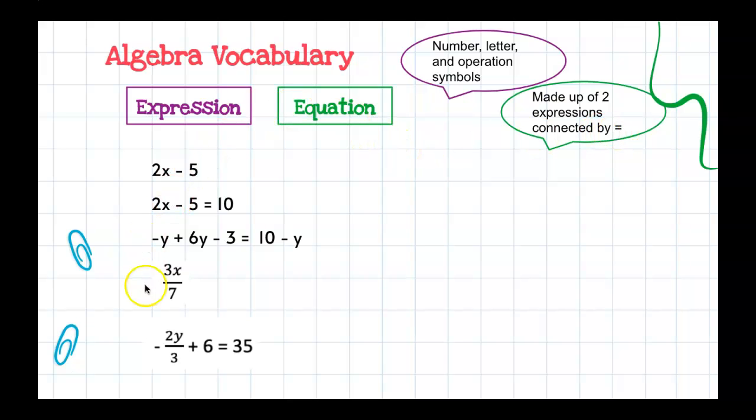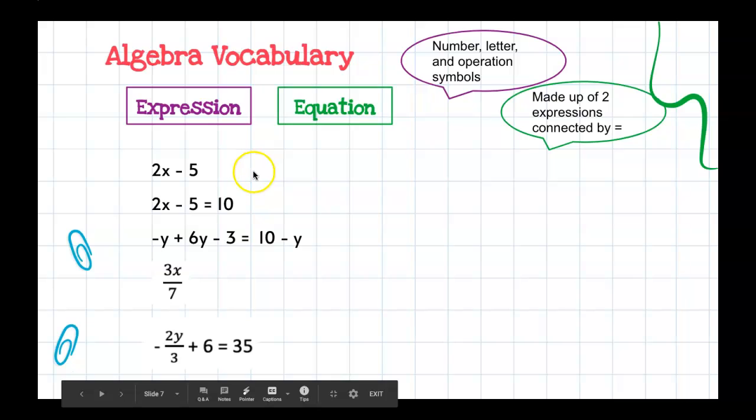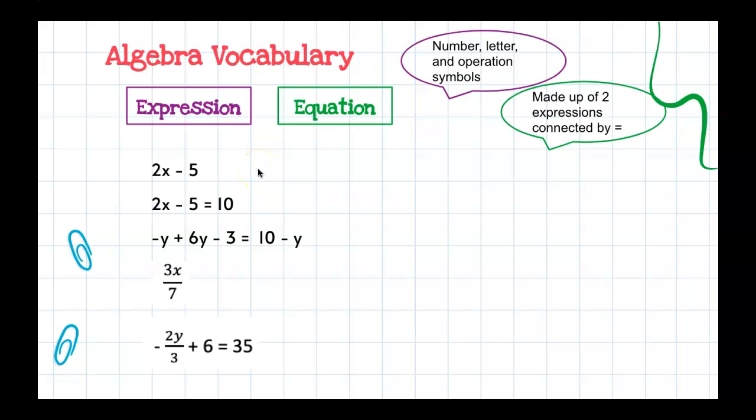So let's take a look at the set of examples over here, and we're going to identify whether they are expression or equation. For the first one, 2x minus 5, it is an expression. It is composed of number and letter and operation symbols. So guess what is the second one? You are correct, it is an equation.